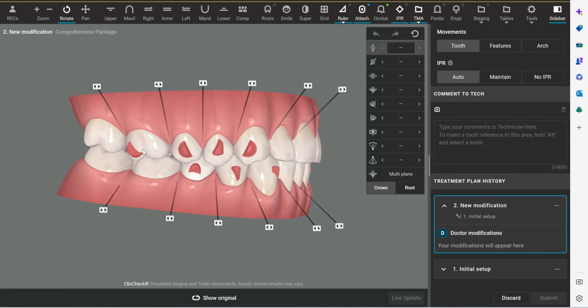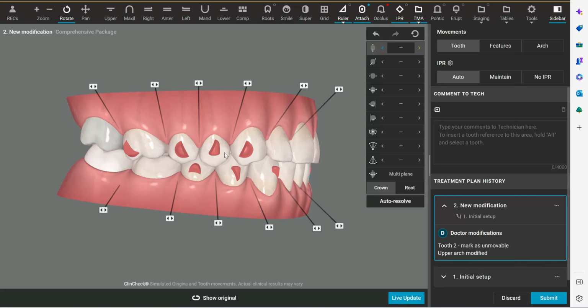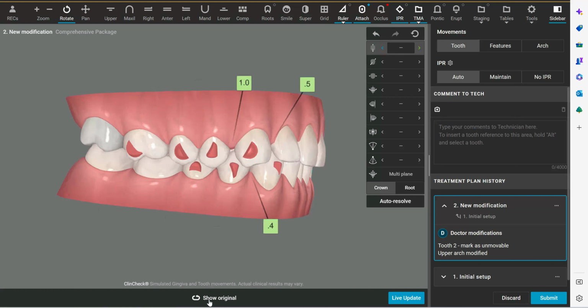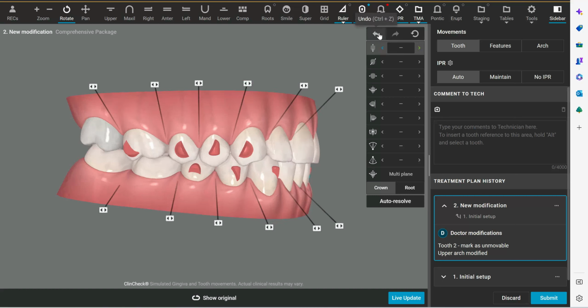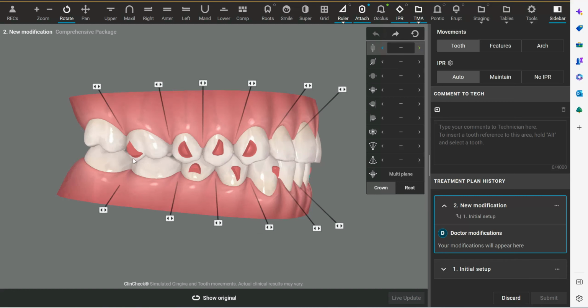Now, watch closely what happens when I right-click and make the upper second molar unmovable. You can see the whole entire arch on the right side moved distal. Let's do it again. It moved back, in a posterior direction.